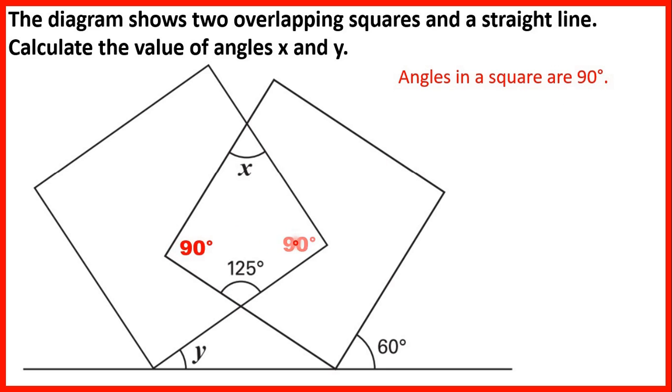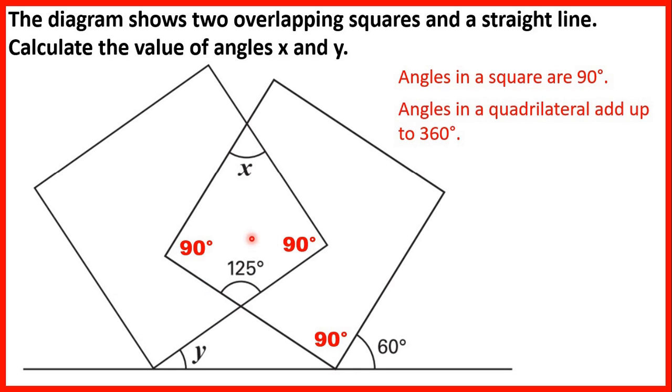So we can write 90 on the corners of our squares. We can also remember to find angle X, that angles in a quadrilateral, angles in a 4-sided shape, add up to 360. And we have a quadrilateral here because we have 1, 2, 3, 4 sides.